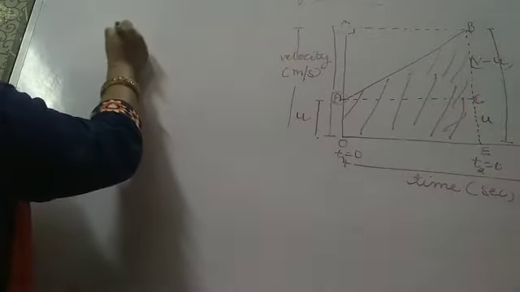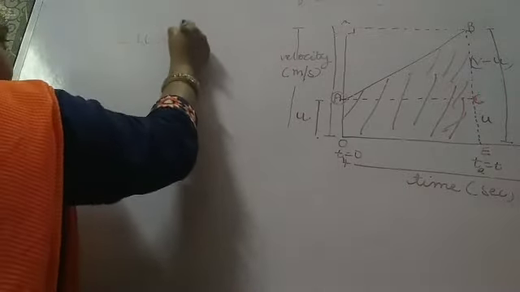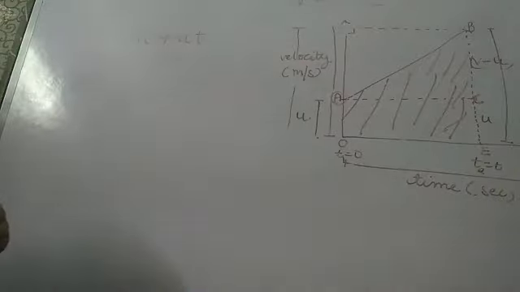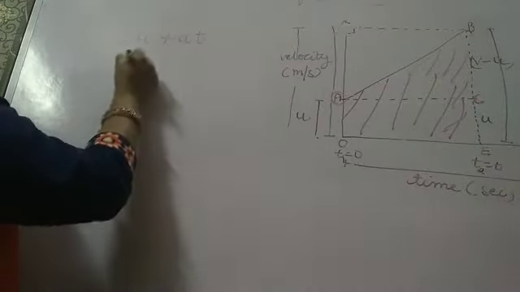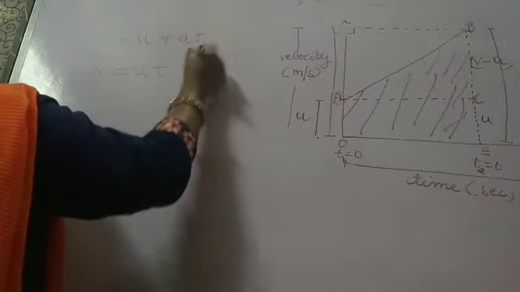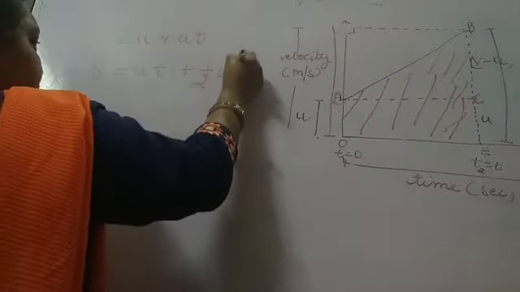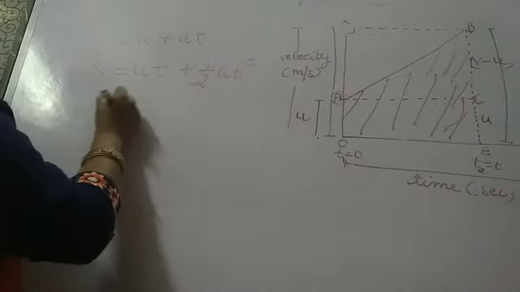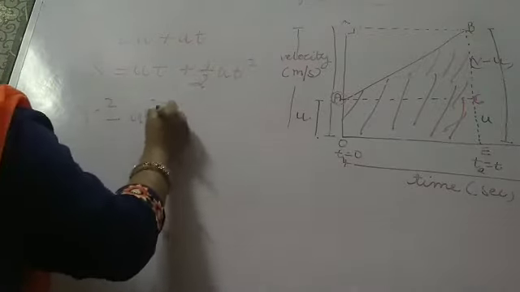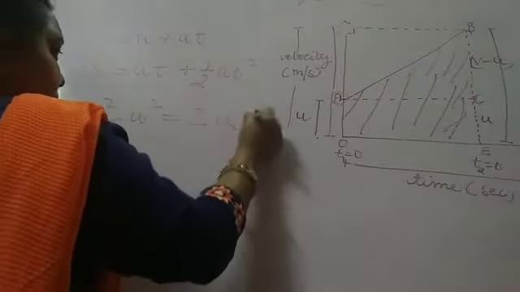First one was V is equal to U plus AT. Clear? Second one was S is equal to UT plus half AT square. Okay. Then V square minus U square is equal to 2AS.